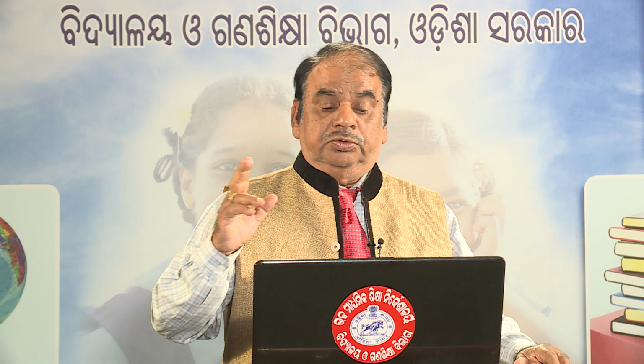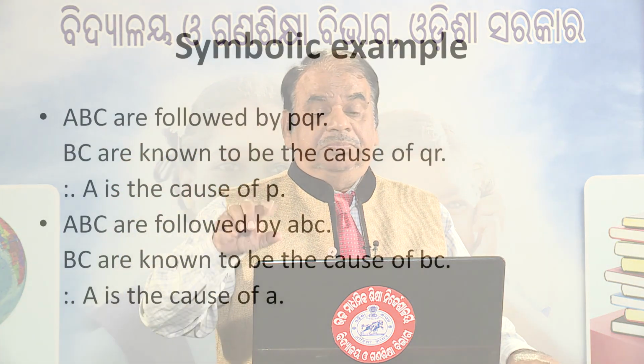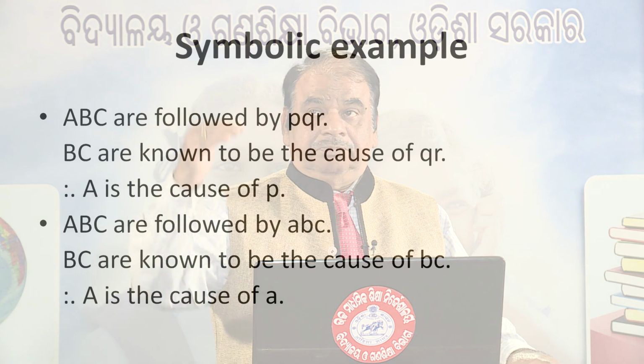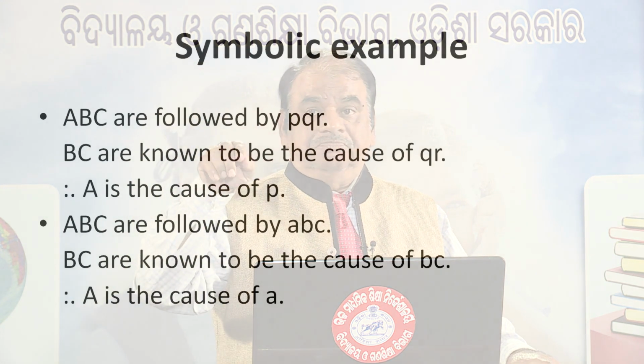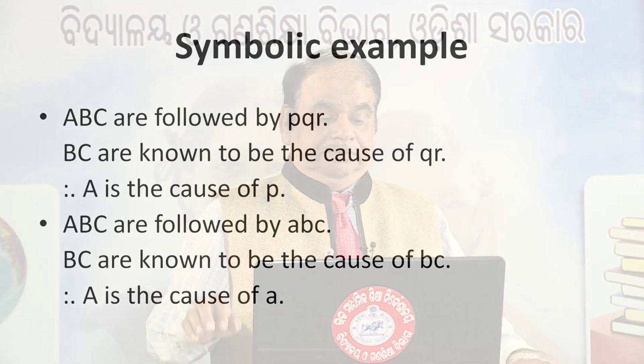B, C are known to be the cause of b, c. So, A is the cause of a. So, here we see that A, B, C and P, Q, R are more than B, C and Q, R. By subducting B, C from A, B, C, we reach A.